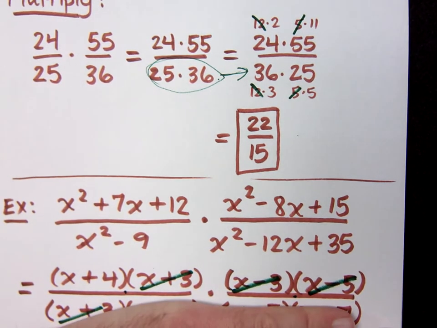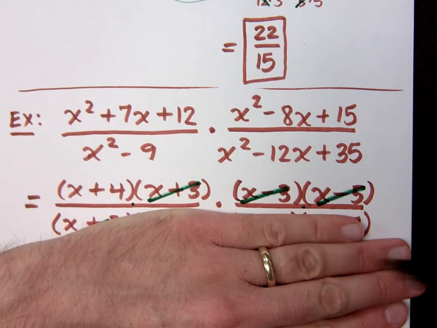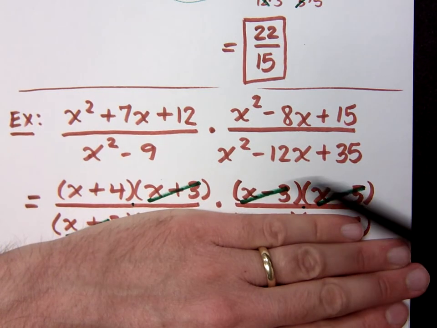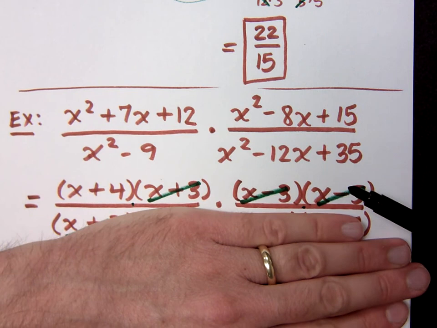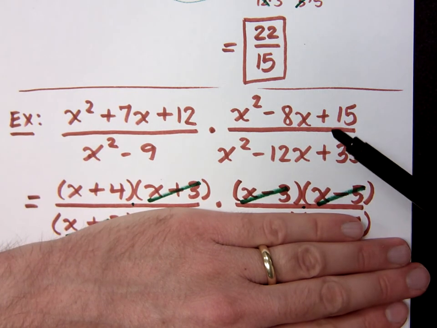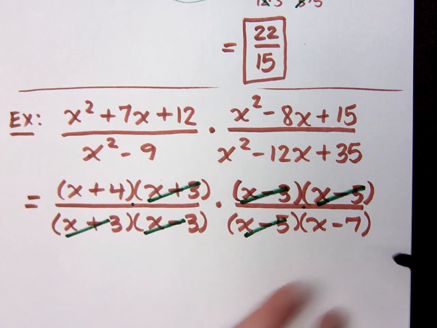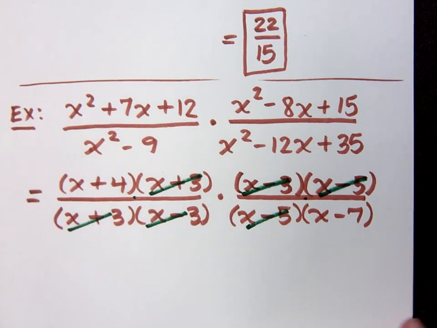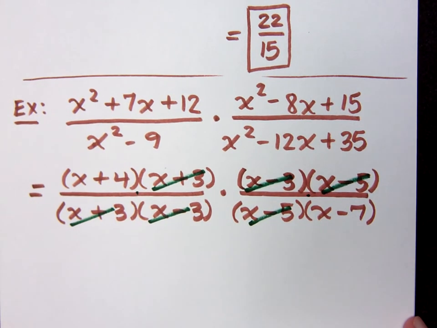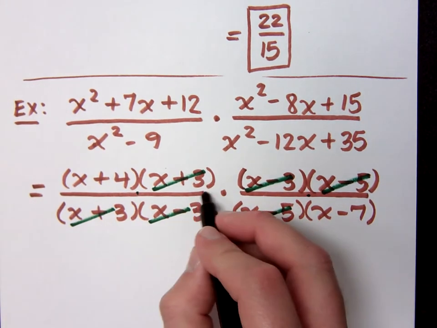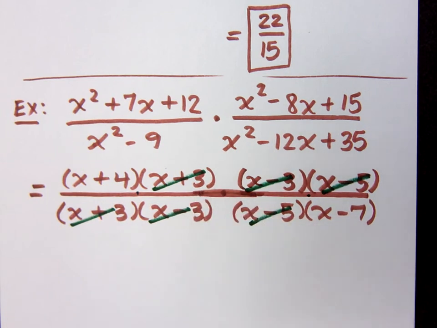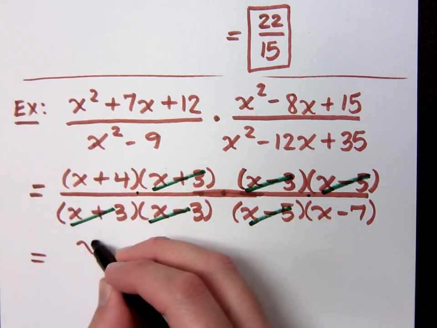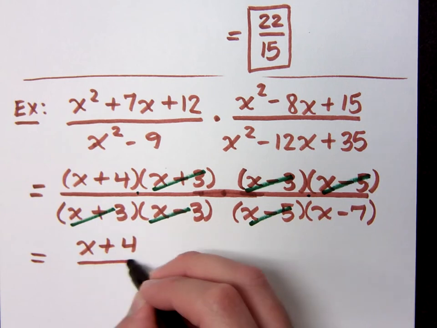In this numerator, all of these factors are connected through multiplication: x plus 4, x plus 3, x minus 3, and x minus 5. So as long as I have one factor in the numerator that matches one factor in the denominator, I can cancel those. This is just one big fraction. So you're left with x plus 4 over x minus 7.